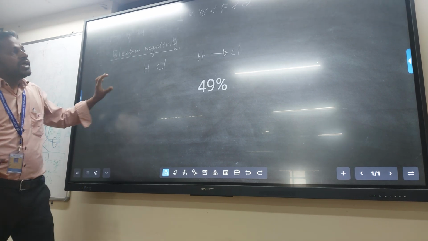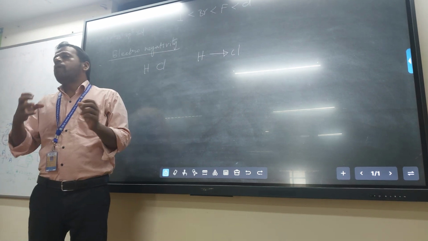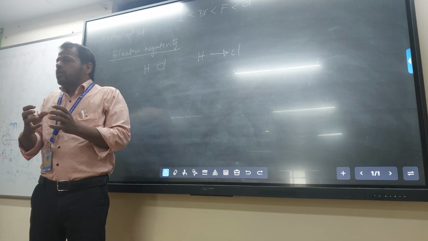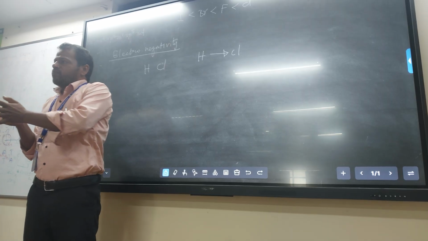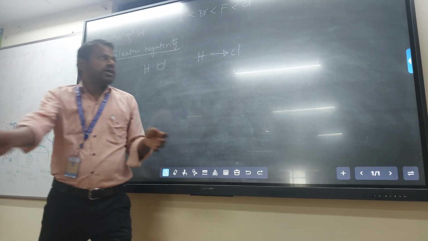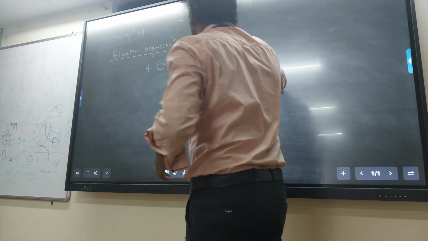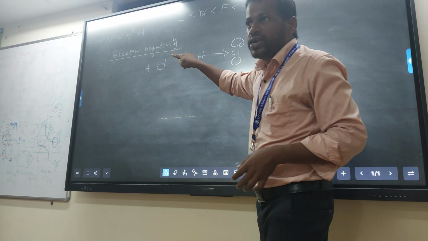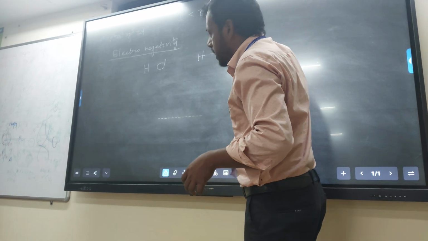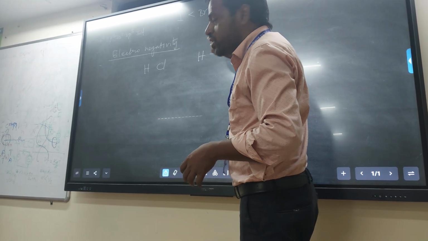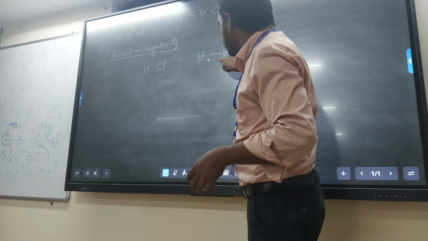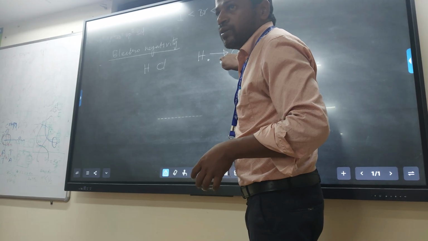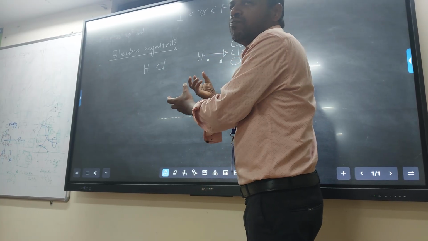That means electronegativity is the bonded electron going to one atom's side. The lone pair of electrons does not contribute to electronegativity, only the shared electron pair. Here, one electron from hydrogen and one from chlorine are shared to make a bond.